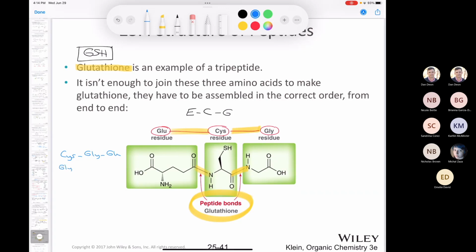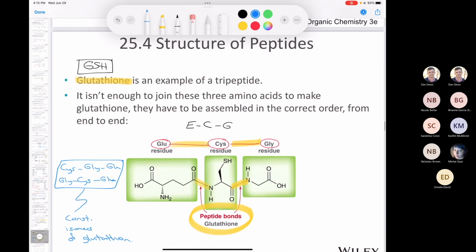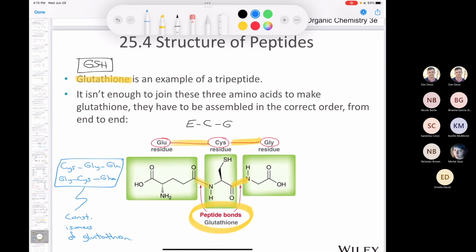Again, let's say we had glycine, then cysteine, and then glutamic acid. Again, that is not glutathione. That's something else. These would be constitutional isomers of glutathione.